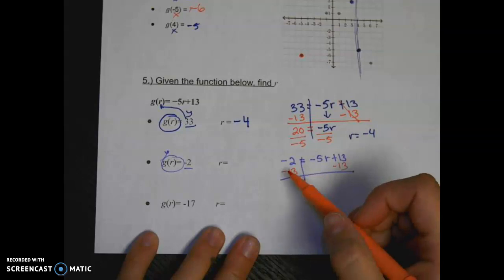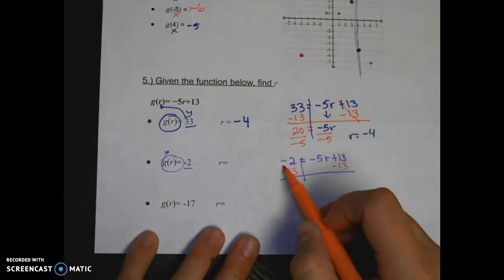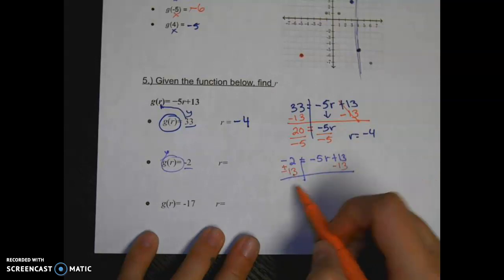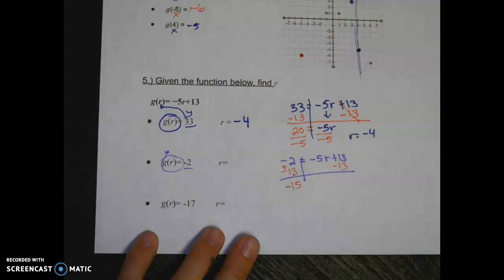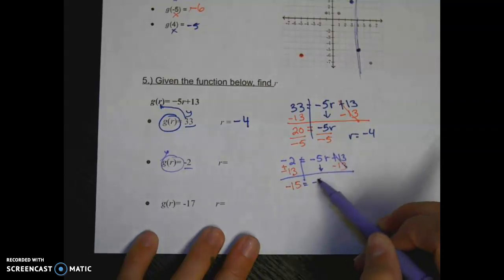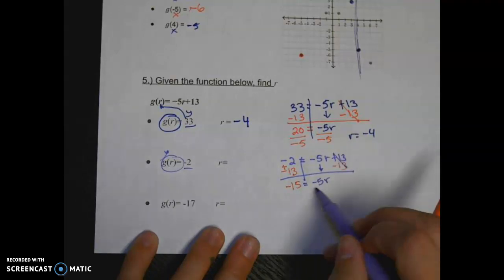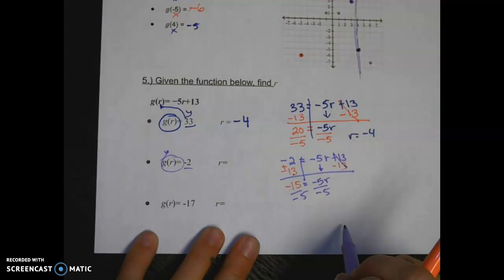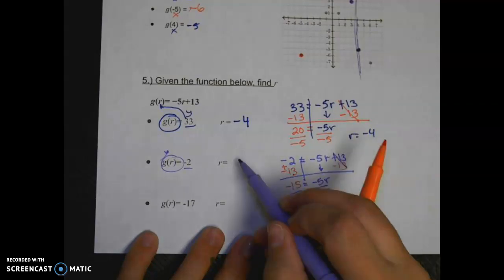Now remember, these are both negative numbers, so remember, keep change. I'm going to add the negatives together, which is going to give me negative 15. And I'm going to bring down the negative 5r, and again, divide by negative 5. Negative divided by negative is a positive, so 15 divided by 5 is 3.